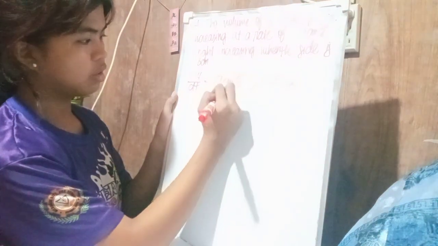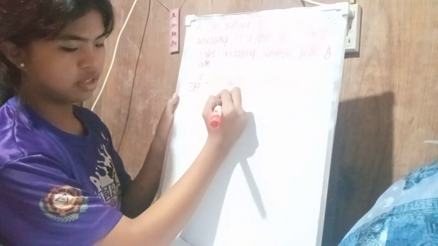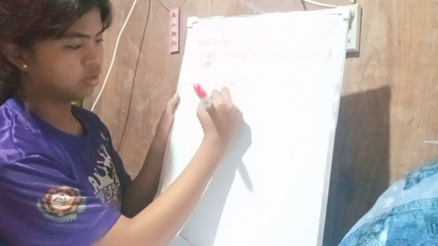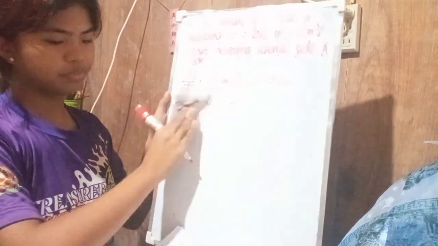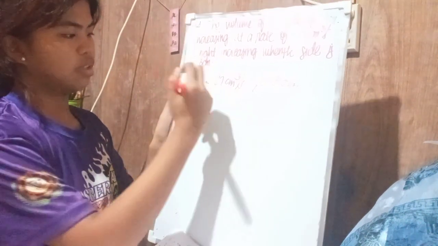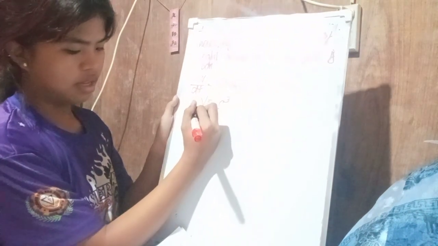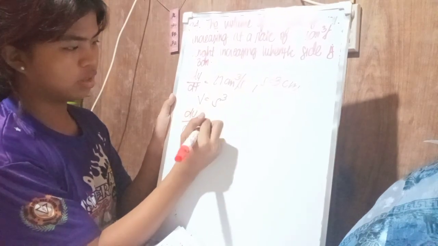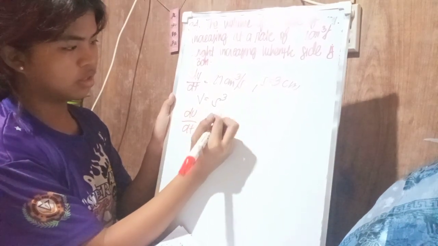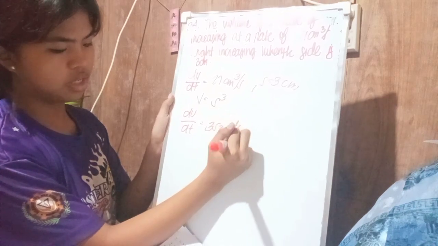And then we are looking for its change in side. Since we're looking for it, I'm going to use the volume, and dV over dt equals 3s squared times ds over dt.